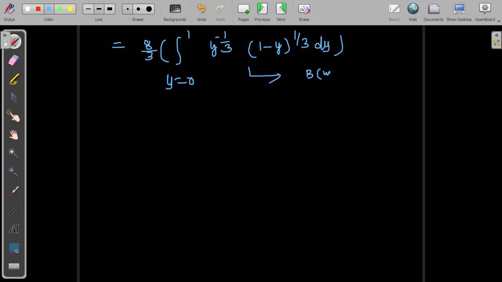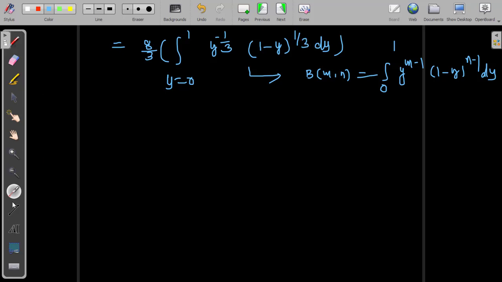What is the beta function definition? Beta of m comma n equal to integral 0 to 1, y power m minus 1 times 1 minus y power n minus 1 dy. But if you look here, this is not like the m minus 1 format, this is also not like the n minus 1 format. What is m, what is n, how do you know?